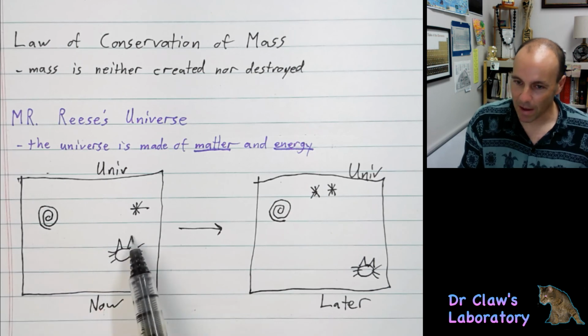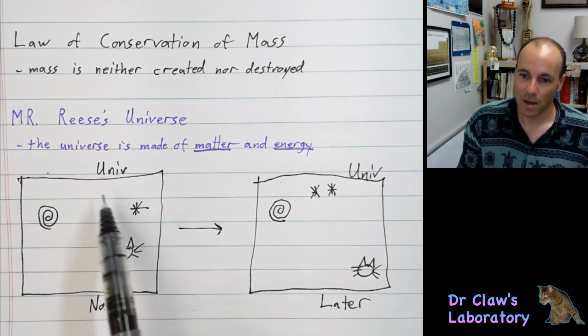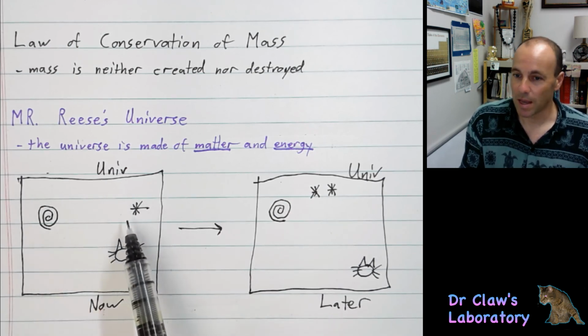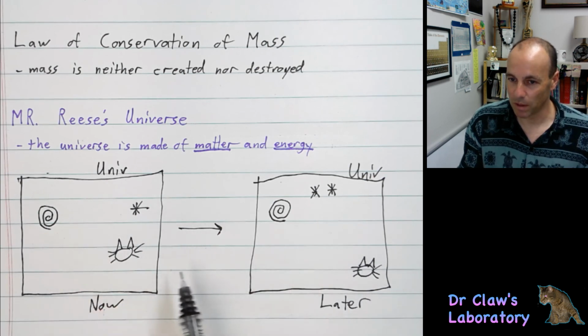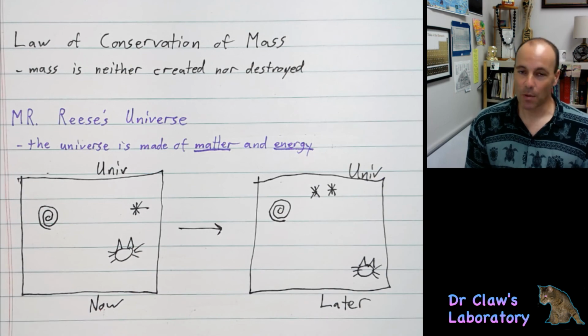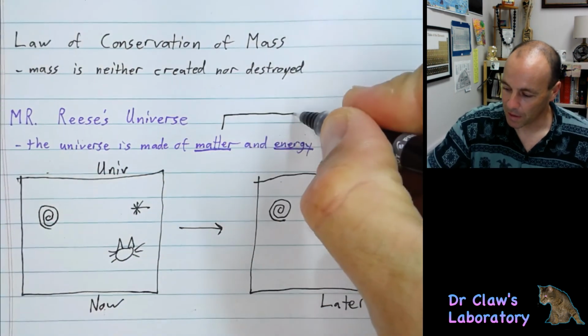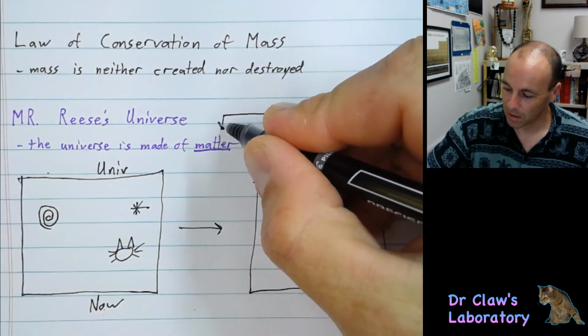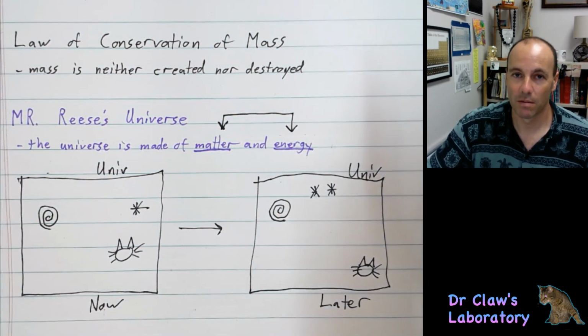So basically, that's what the universe is. It's a bunch of matter that's stuck in there and a bunch of motion that's taking place. So the matter is moving around, and that's that. Now, we're not going to get into the whole matter can turn into energy, right? Not right now. This is a class in chemistry.